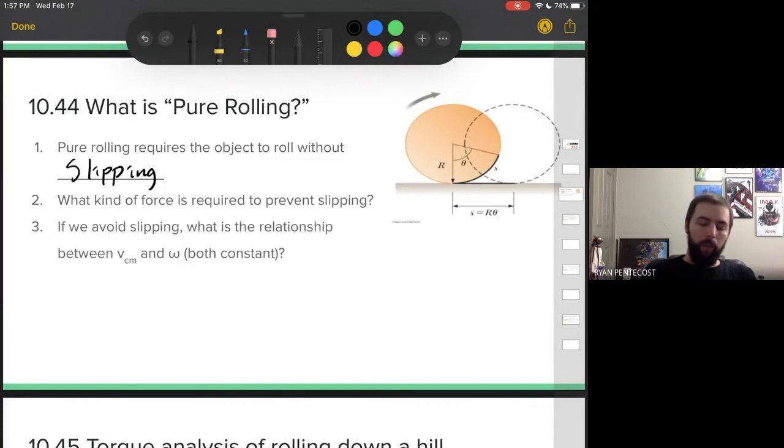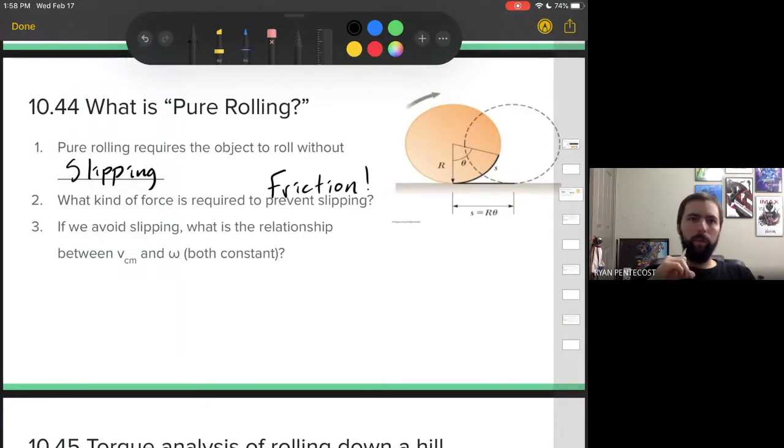Number 2 says, what kind of force is required to prevent that slipping? That requires friction. But this friction is not going to play like we usually think it does. Friction usually opposes our motion, but here friction is necessary for our motion.